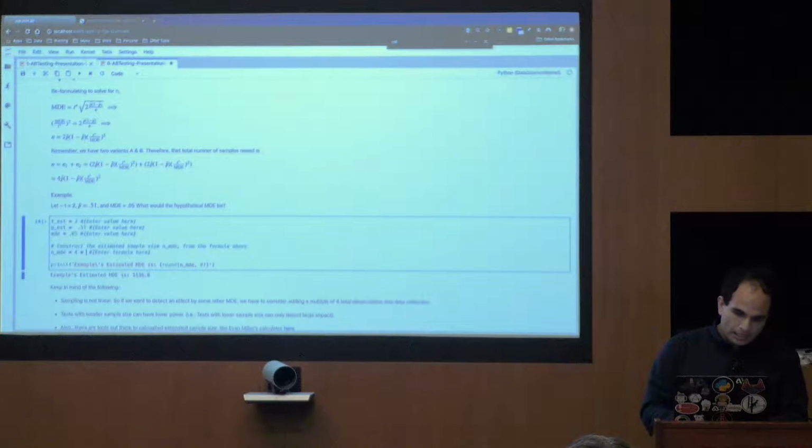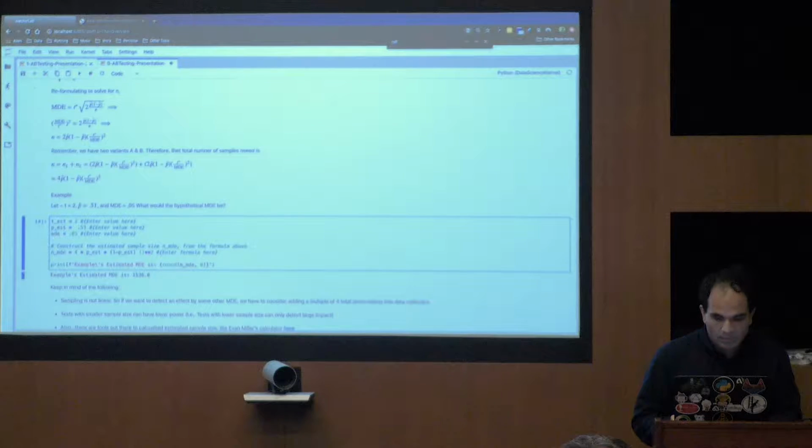So 4 times that p estimate times 1 minus that p estimate, and then do this real quick. This is taking something to the power of squared. You can also use a NumPy function to get the square of something or some exponential value.